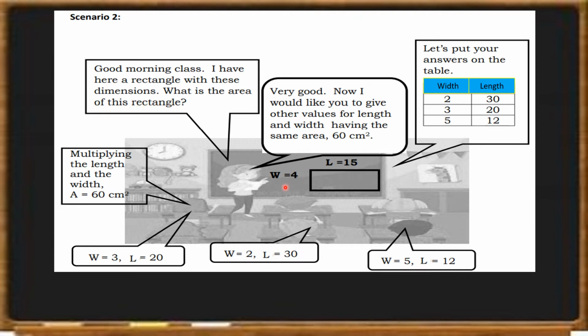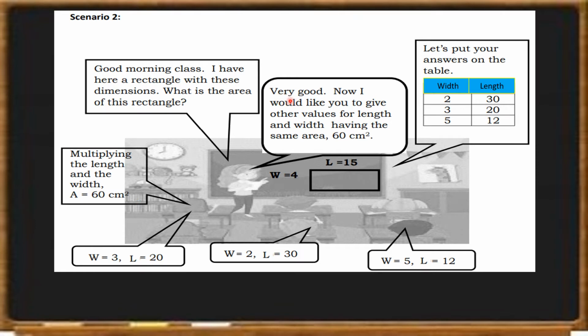The width is 4 centimeters and the length is 15 centimeters. What is the area of this rectangle? How do we solve for area?" One student answered, multiply the length and the width. So the area is 60 square centimeters.